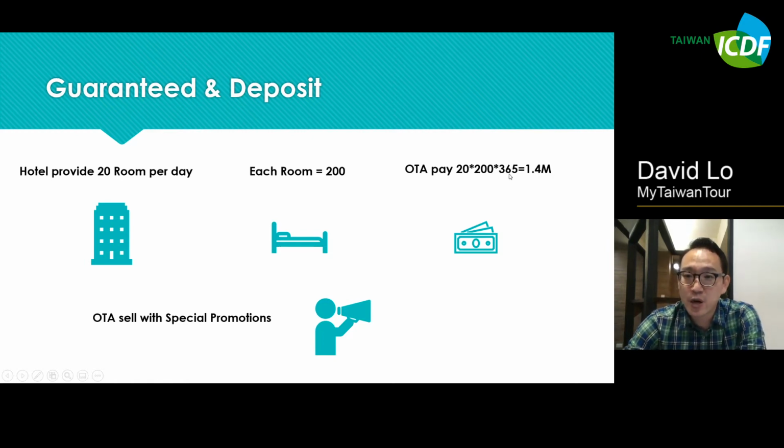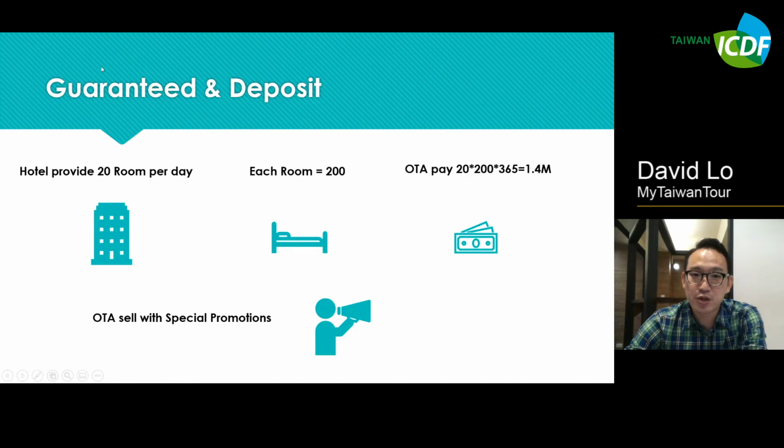And times one year, 365 days. That means this OTA is paying me $1.4 million upfront as a deposit, to me, this hotel supplier, and I give them this many rooms at this rate each day.